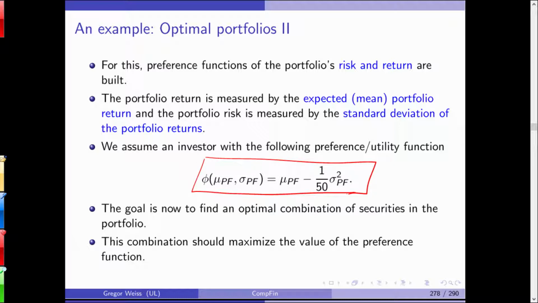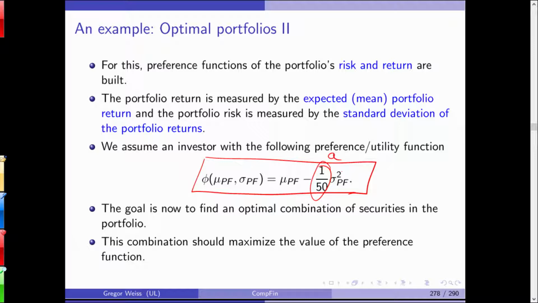That is, we are interested in a high mean return, and the standard deviation, or more precisely the variance of the portfolio return, is a negative thing, and we have a risk aversion parameter of 1/50. So this here is our A, this is our risk aversion parameter.